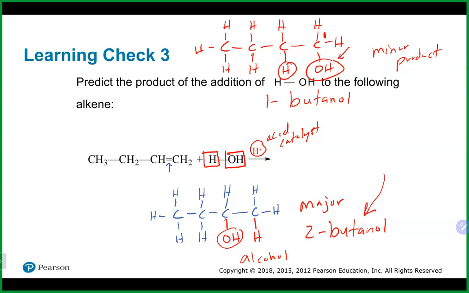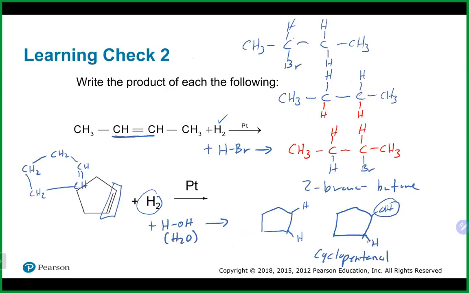Now, if we look back at what we did earlier on the previous one, for example, when we started out with the same number of hydrogens on each of those carbons in the double bond, when we put this hydrogen here and this bromine here, we ended up with something known as 2-bromobutene.